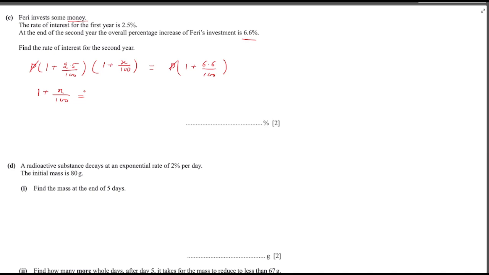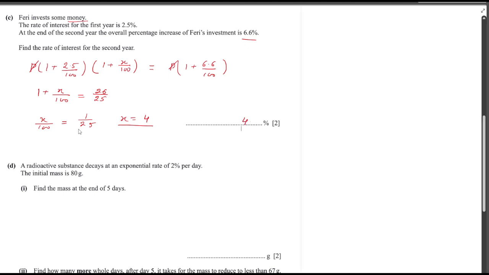Result is 26 divided by 25. Now I will subtract 1. So I get x divided by 100 is equal to 1 divided by 25, and therefore x is equal to 100 divided by 25, which is 4. So here the result is 4%.